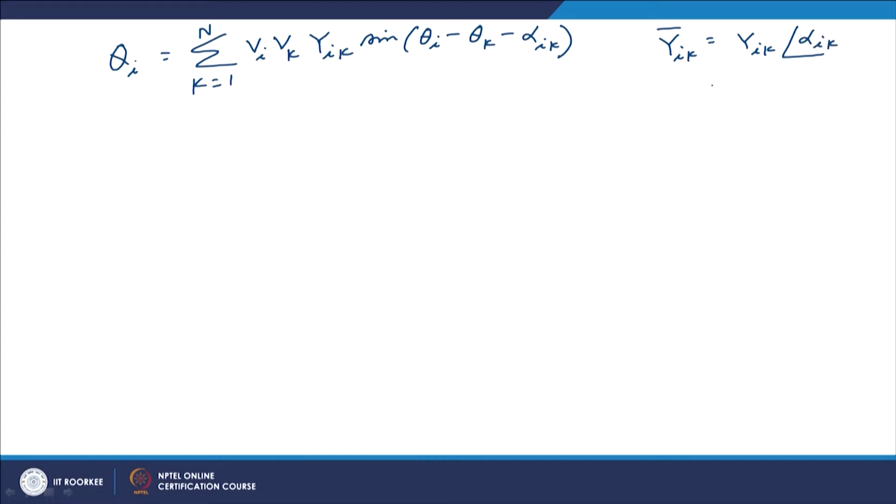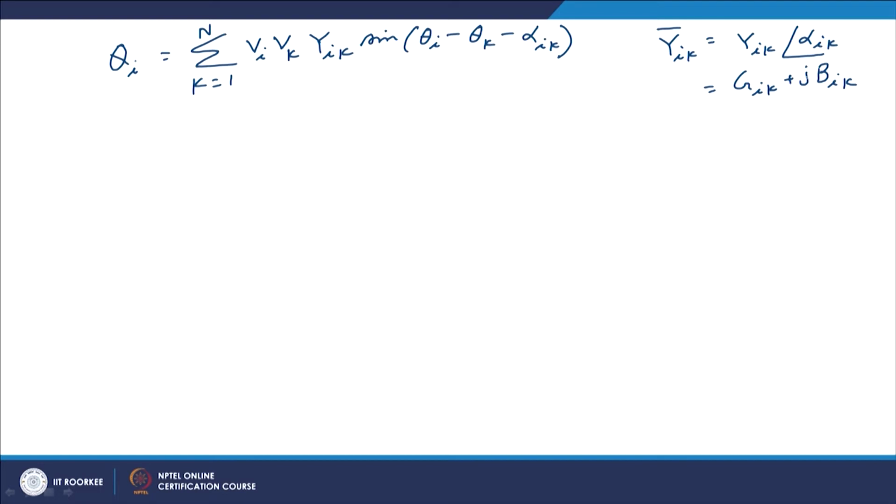Qi is the sum over k equal to 1 to n of Vi Vk Yik sin(theta i minus theta k minus alpha ik). Now, we have defined that Yik is the magnitude and angle, so this is Gik plus j Bik.